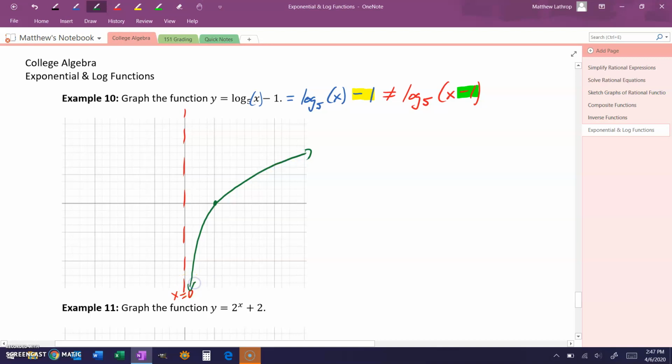And our log function, which would normally pass through (1, 0), is now going to pass through (1, -1). And that entire graph will just be shifted down by 1 unit.